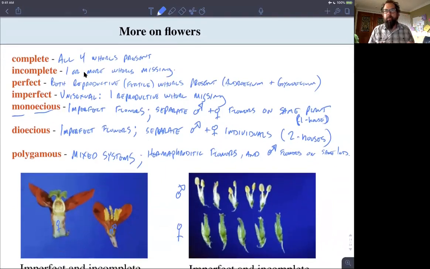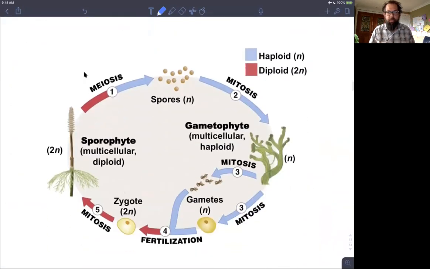And what I want to do now is really dive into the details of gametophyte development and the gametophyte stage in angiosperms. To do that, we have to remind ourselves of the life cycle of land plants. And remember that the life cycle of land plants follows the alternation of generations.